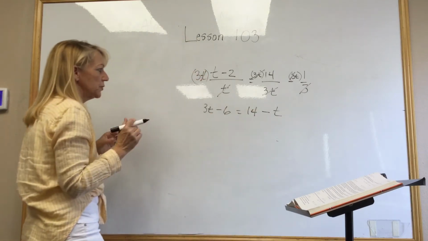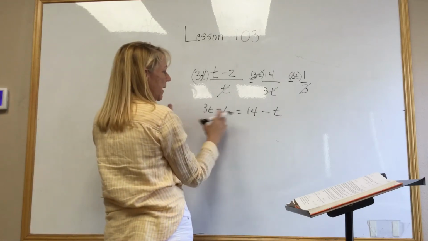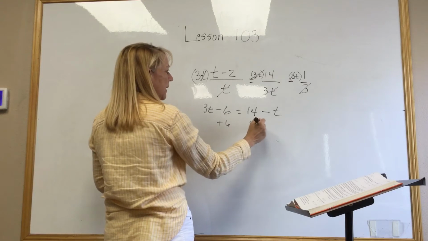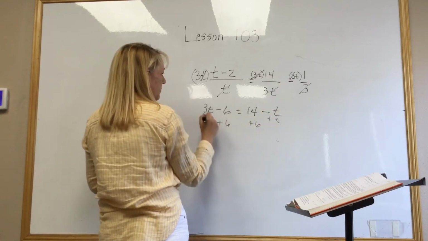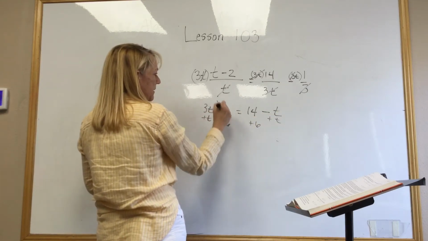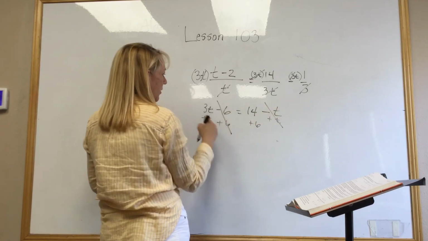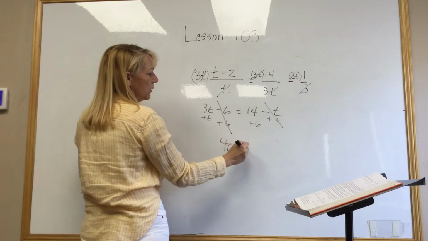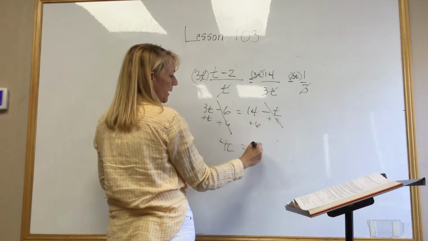So now you just use algebra. I'm going to put all my t's on one side, all my whole numbers on the other. So I'm going to add 6 to both sides, and I'm going to add t to both sides. That eliminates the 6 over here and the t over here. 3t plus 1t is 4t, equals 14 plus 6 is 20.